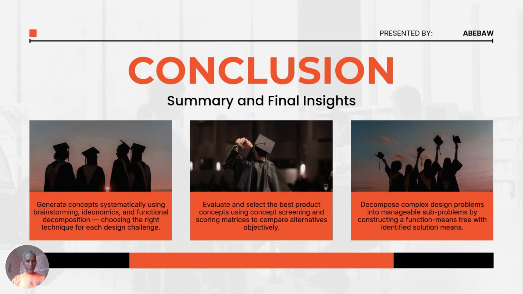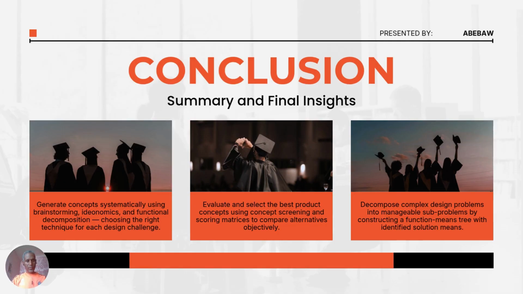In summary, we can categorize this entire idea into three things. The first one, generating concepts systematically using brainstorming, ideonomics, and functional decomposition. Choosing the right technique for each design is a challenge.